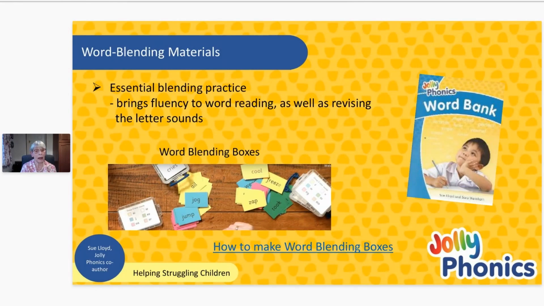So if you've just done something with the A, then this box that you can see there has yellow words, and you go to the yellow words in there, and then you put them in the middle, and they, as fast as possible, get them to blend them and work them out. And that's useful for the whole class as well. Put the words on a table for a group who are doing blending practice, and get them to read the words to their friends.